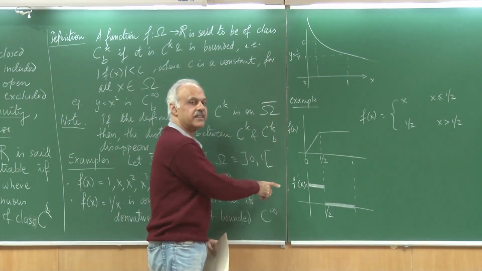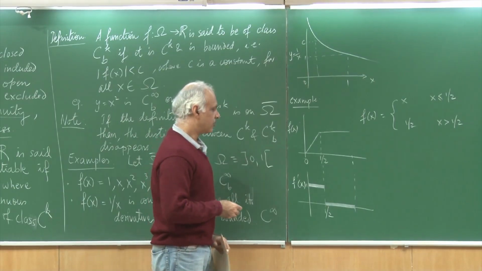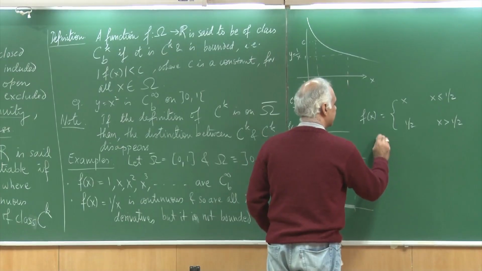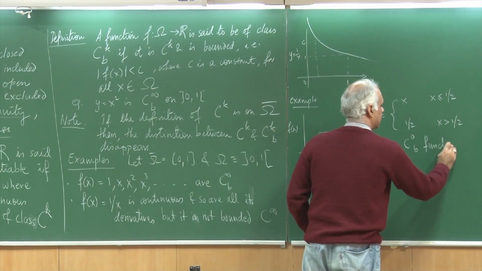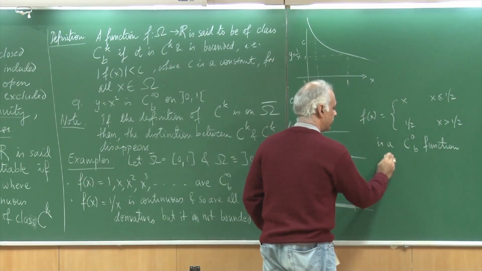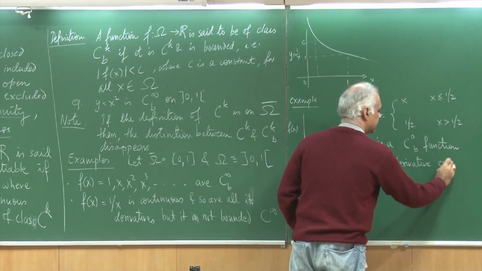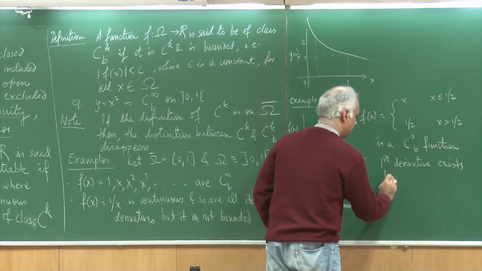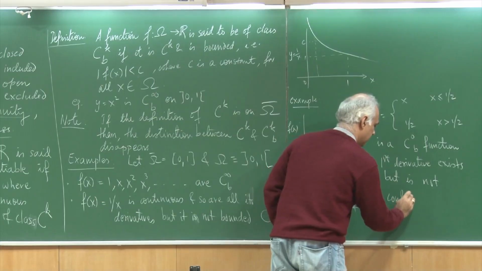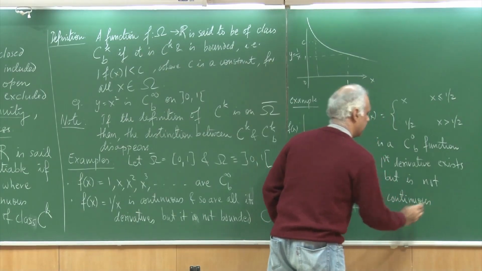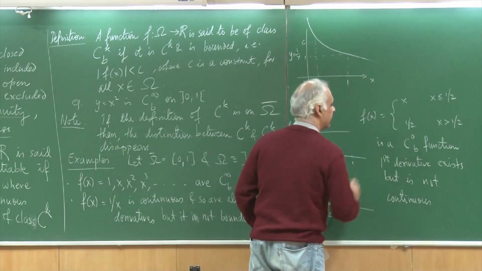Now the first derivative exists, but it is not continuous. So therefore, this is a C0 B function. First derivative exists, but is not continuous. I'm sorry, yeah, C0 B function.